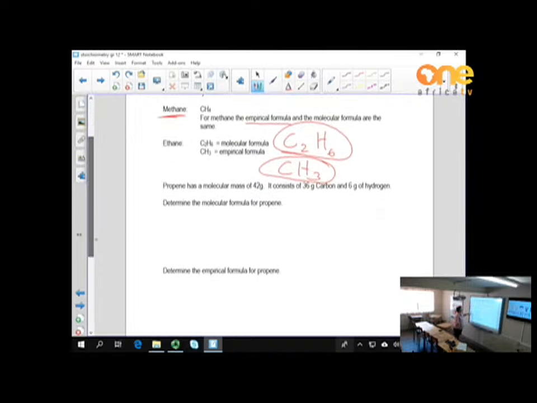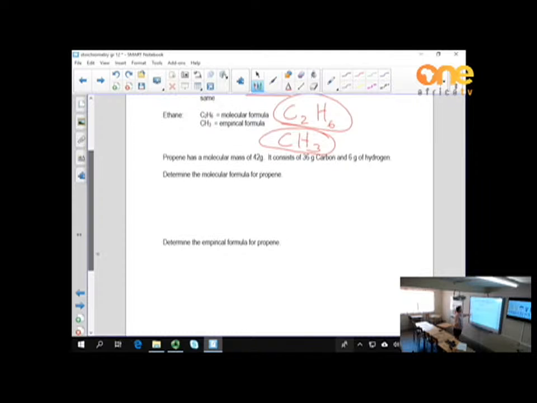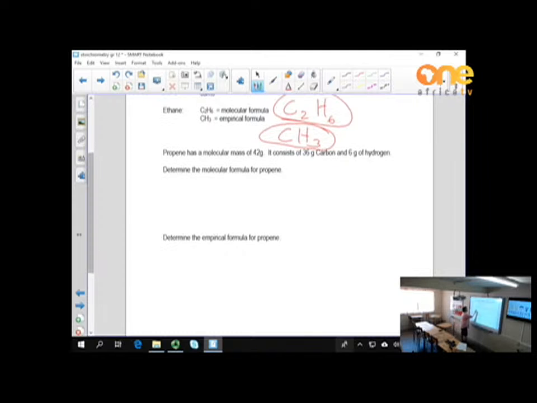So they say propene has a molecular mass of 42. Now, propene is one of the organic compounds with 3 carbons and a double bond. Okay? So propene has got hydrogens on it.